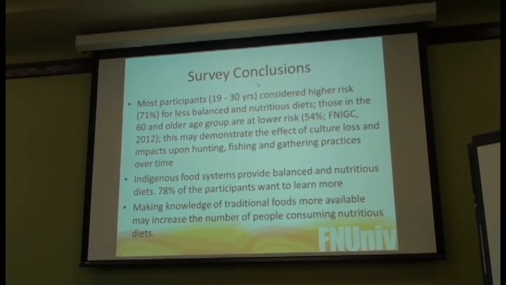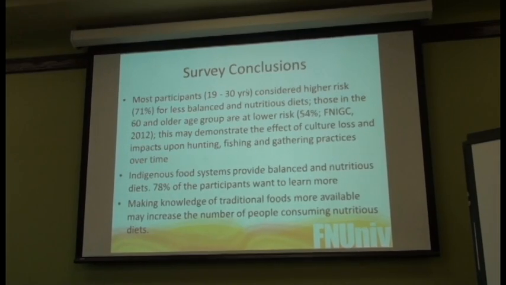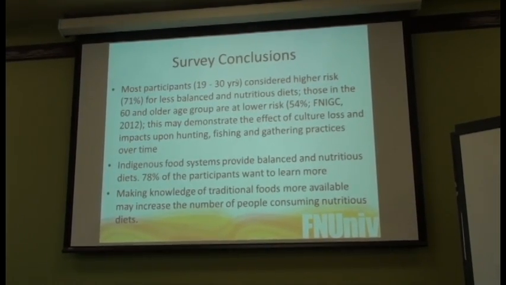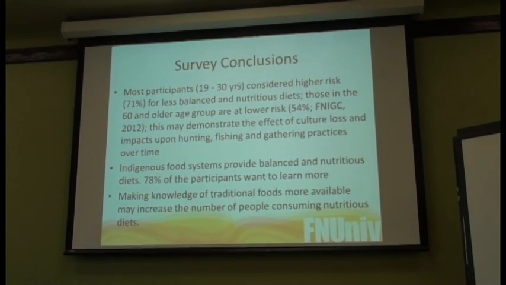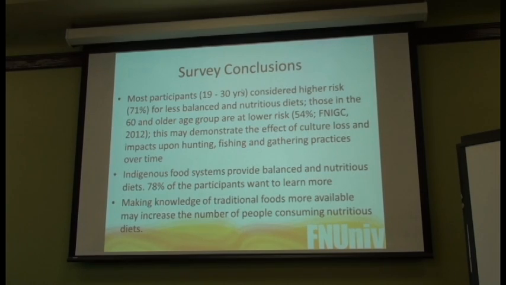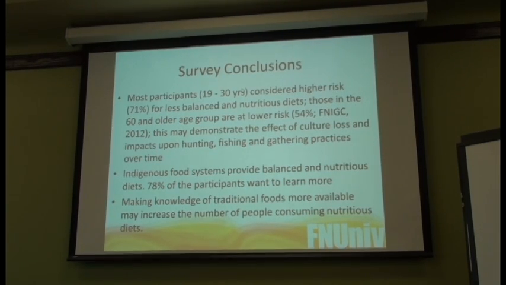Survey conclusions. I just combined a couple of the agree and strongly agree. We had 71% of the participants in that 19 to 30 age group, which is considered at higher risk for less balanced and nutritious diets. What's interesting is that those age 60 and older are at lower risk.